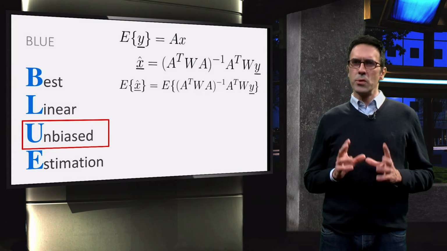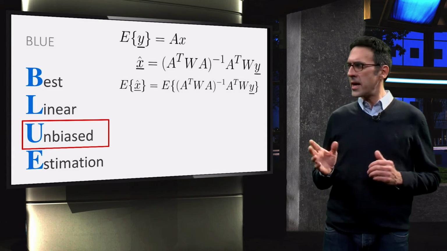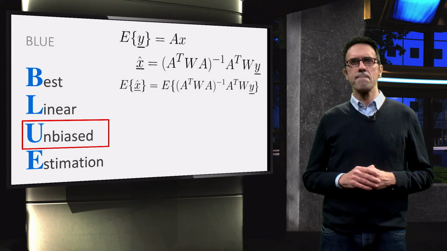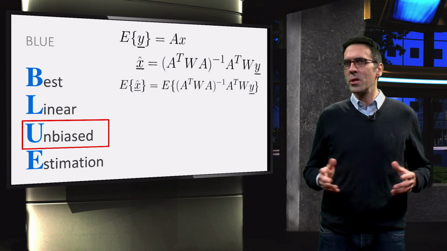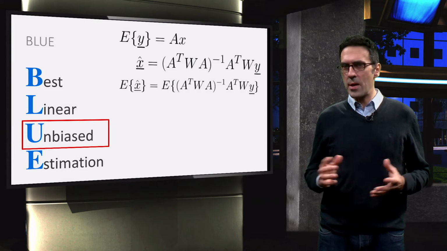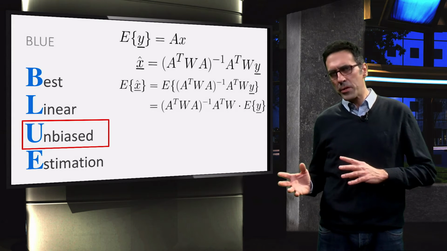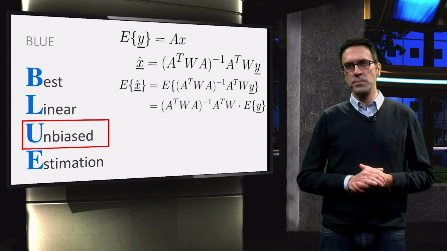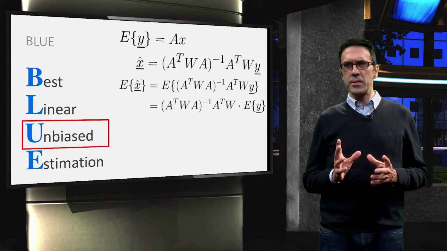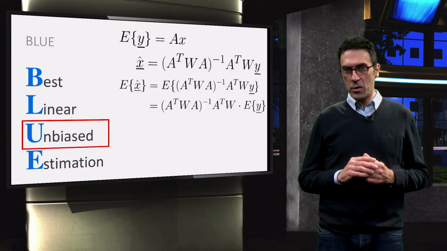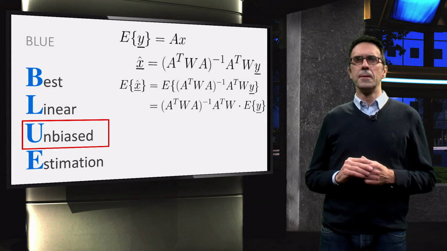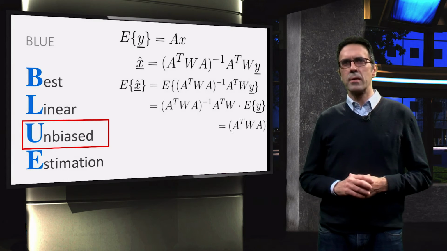Thus, we use the expectation operator at both sides of the equation. But since the expectation operator is only meaningful for stochastic parameters, we can move all the non-stochastic parts of the equation out. By inserting our starting assumption of a correct model, we find this particular expression.